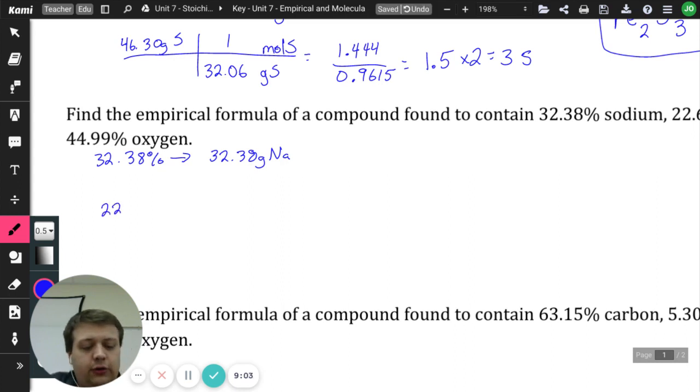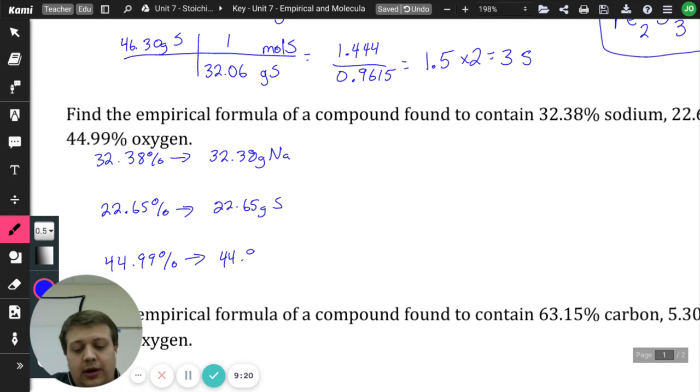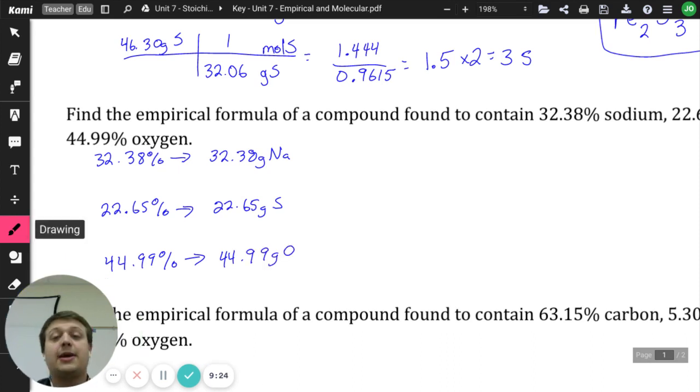So I have 22.65% for my sulfur, and that's going to turn into 22.65 grams of sulfur. And then I have 44.99% oxygen, and that's going to turn into 44.99 grams of oxygen. Okay, first step is done. Next step, so I did percent to grams. Next step is grams to moles.